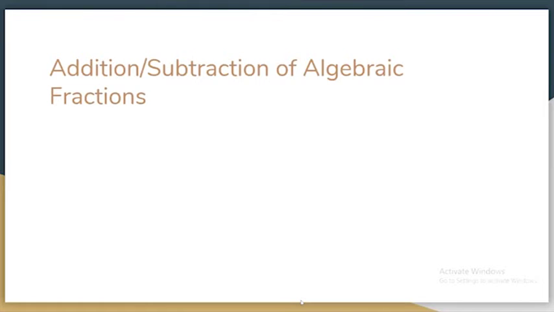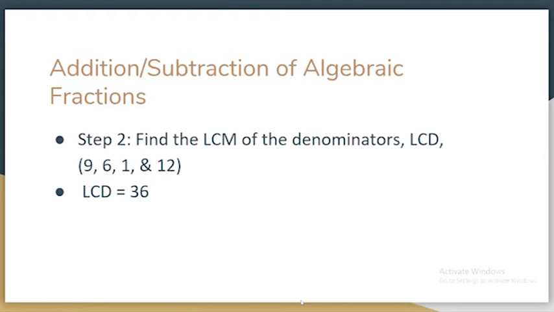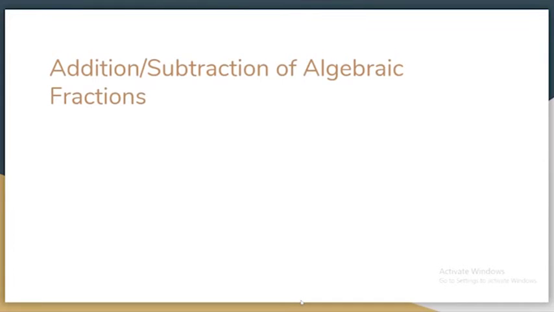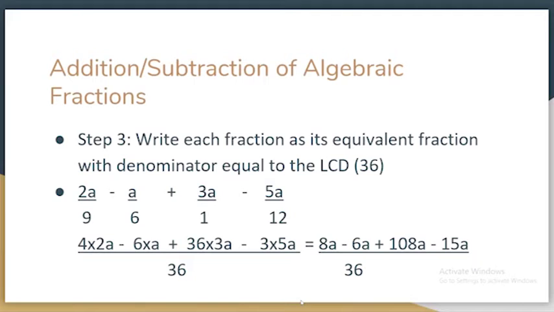What was step 2? Do you remember? Find the LCM of the denominators. And this LCM, for 9, 6, 1, and 12, was 36. Then write each fraction, that's indeed step 3, as its equivalent fraction with the denominator of 36.